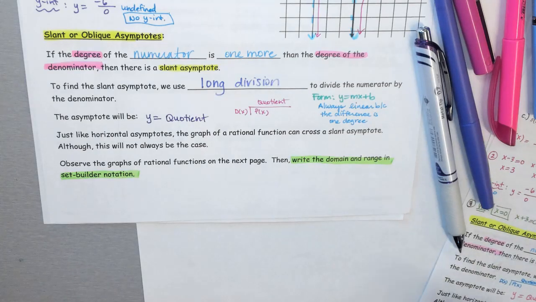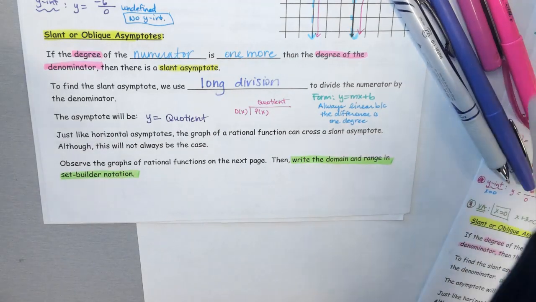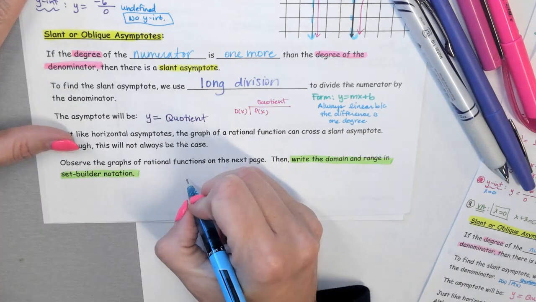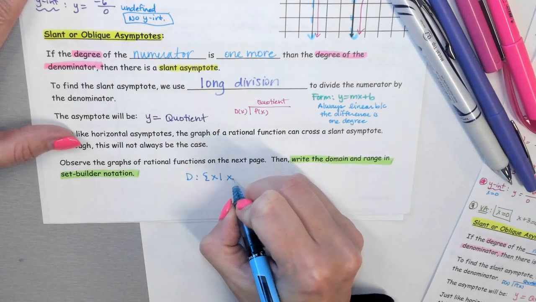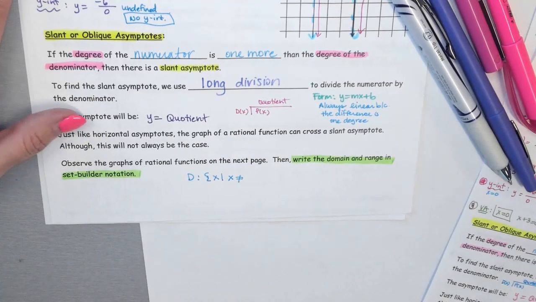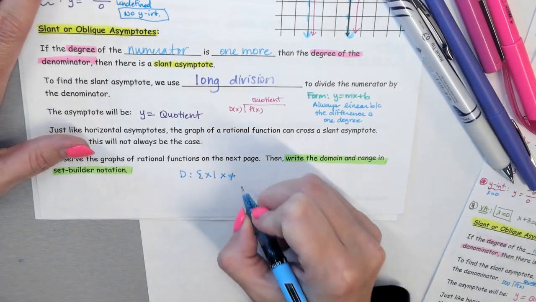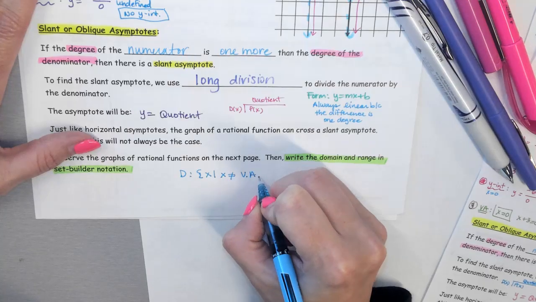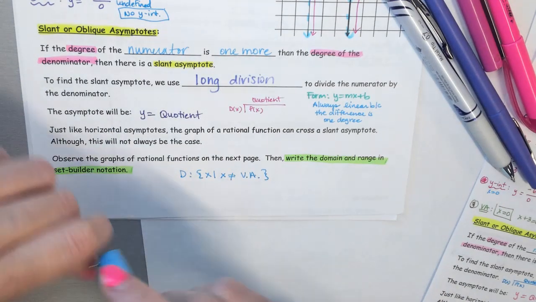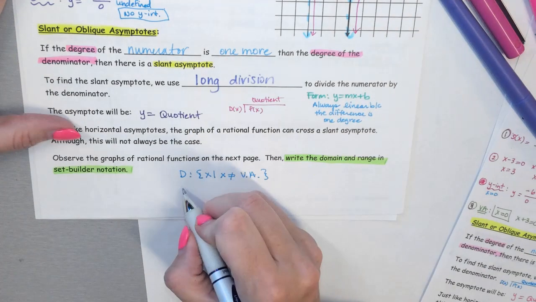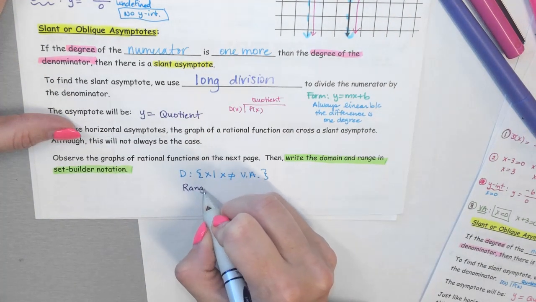What we talked about yesterday is the domain. Do you remember what's always excluded from the x values? Yep, the vertical asymptotes. The range is going to vary by case, and that's why we're going to explore those cases.